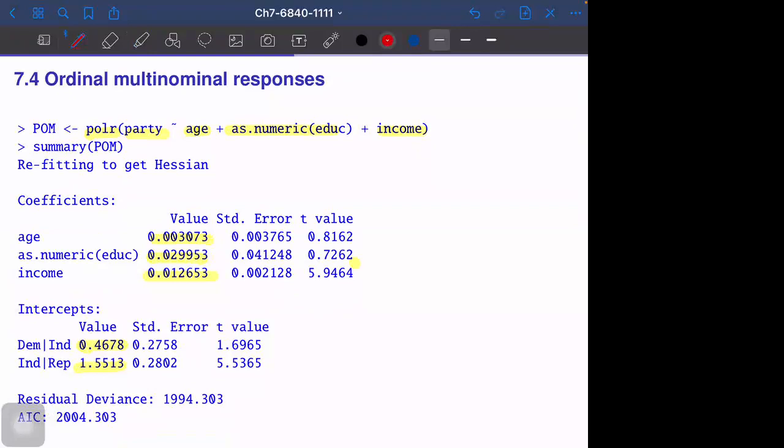Democrat is 1 here, the Independent is 2, and the Republican is 3. And we want to at first calculate the probability of Y less than or equal to 1. So that is Y equal to 1. Then the logit function of this probability is equal to, at first, the intercept.